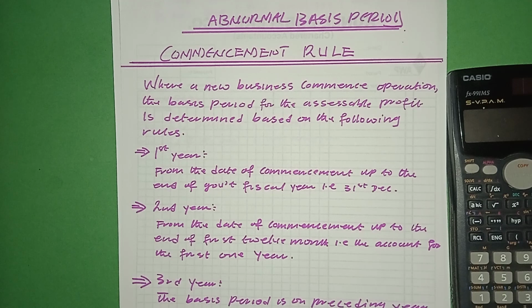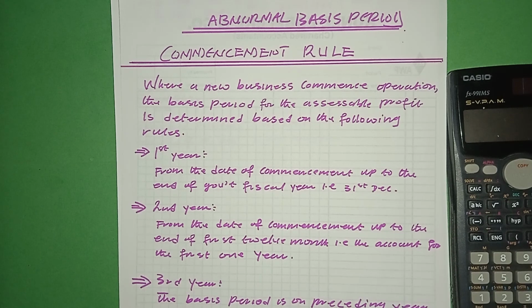We said it in our last video, the government fiscal year always ends at 31st December of that same year. For example, the government fiscal year for 2020 ends 31st December 2020, for 2021 ends 31st December 2021, and so on.